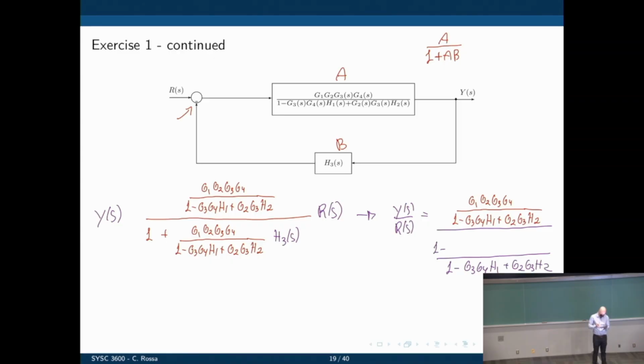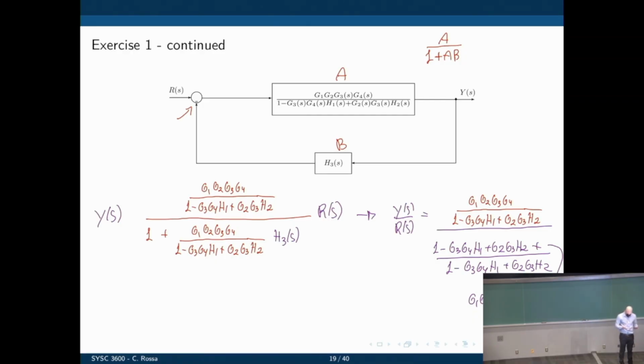So it's the same when you multiply that by 1. And then plus G1, G2, G3, G4, H3. I ran out of space there, but you get the idea. And don't forget the H3.